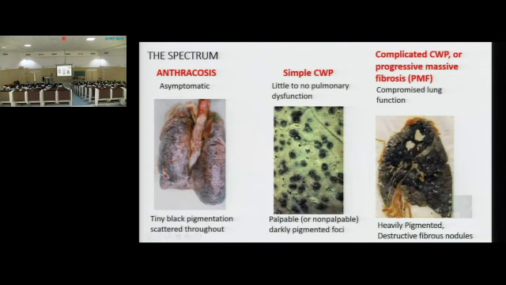And in a long duration course, these patients may have compromised lung function with massive pulmonary fibrosis. You can see these white septa in between. This is a complete blackout lung, black lung, heavily pigmented, and there will be fibrous nodules. You can see these whitish patches. They are fibrotic nodules in the lung.